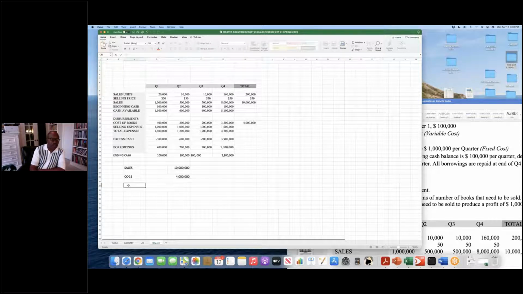So our contribution margin in dollars, our CM in dollars, is what? 6 million.